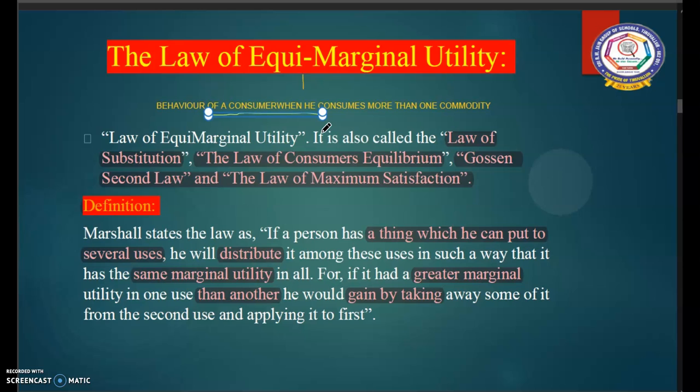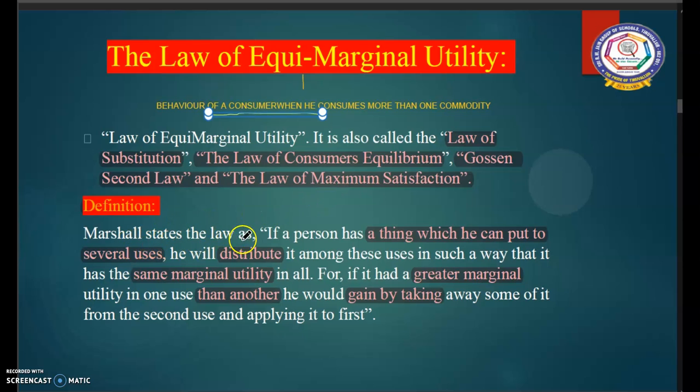It is also called the law of substitution, Gossen's second law, and the law of maximum satisfaction. These are all the various names for the law of equi marginal utility.